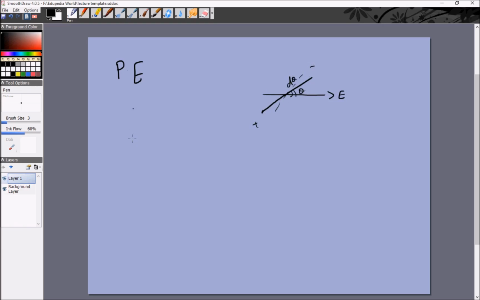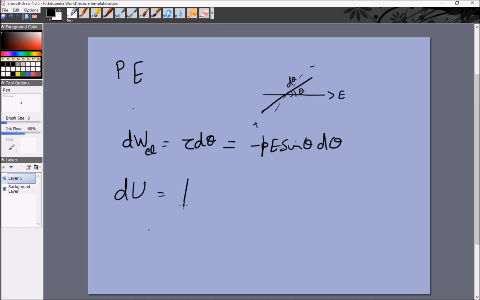In that case, the small amount of work done by the electric forces will be equal to tau d theta, and that will be equal to minus PE sine theta d theta. Now dU, which is the change in electromagnetic potential energy, will be PE sine theta d theta.